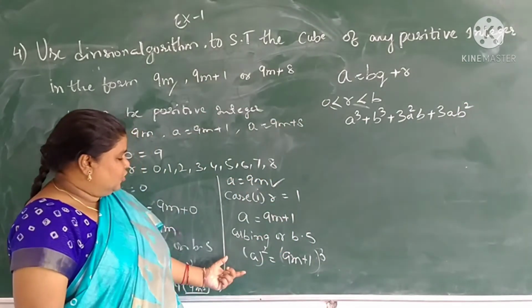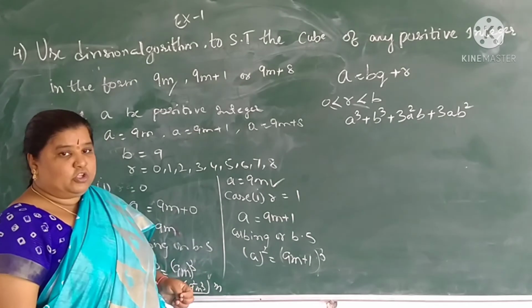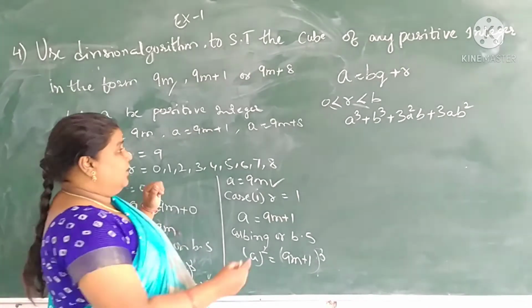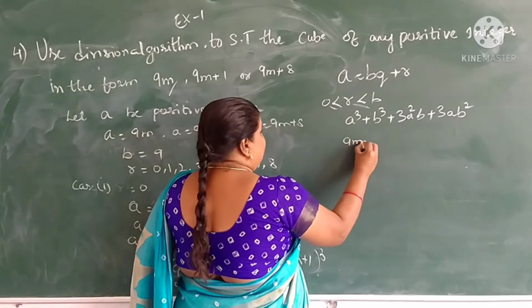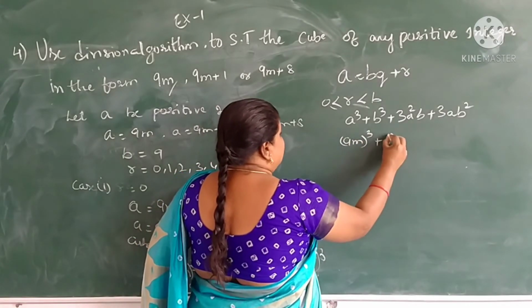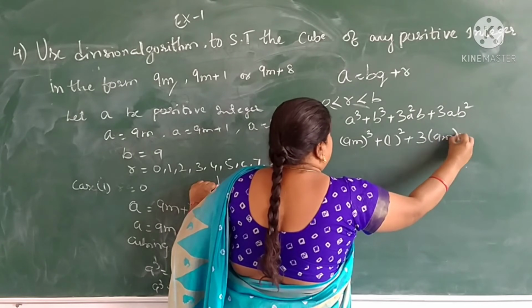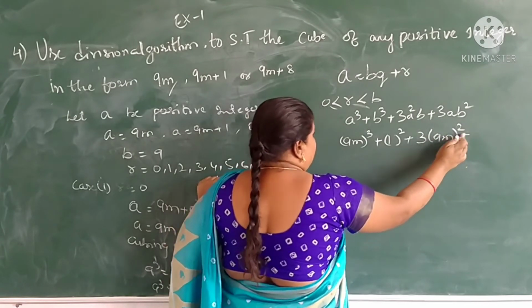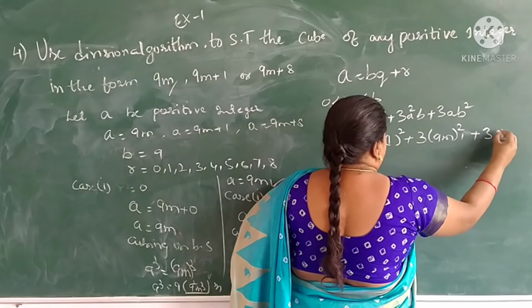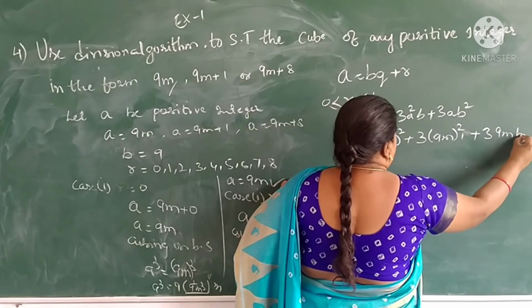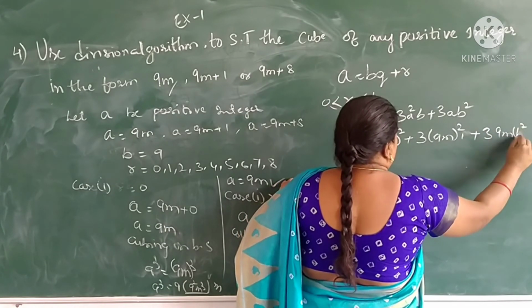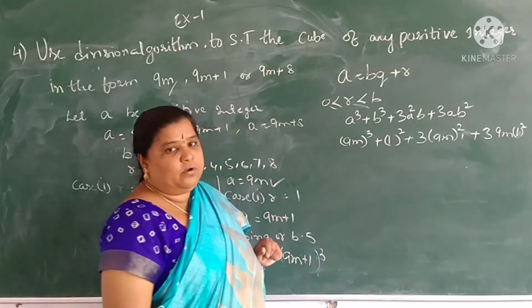So 9m plus 1 whole cube means we have to write 9m whole cube plus 1 cube plus 3 into 9m square into 1 plus 3 into 9m into 1 square. Like this we are going to write.